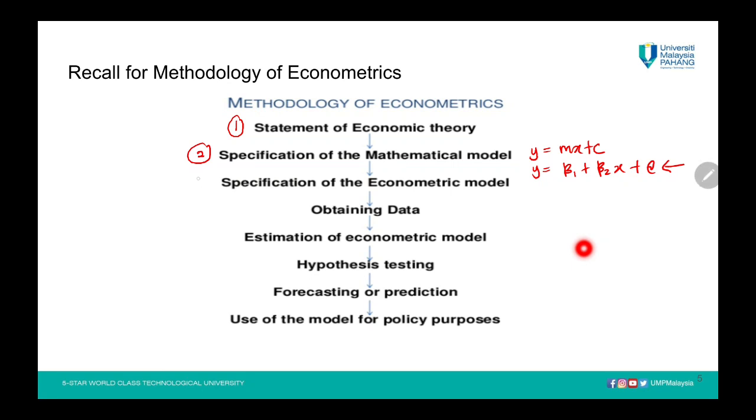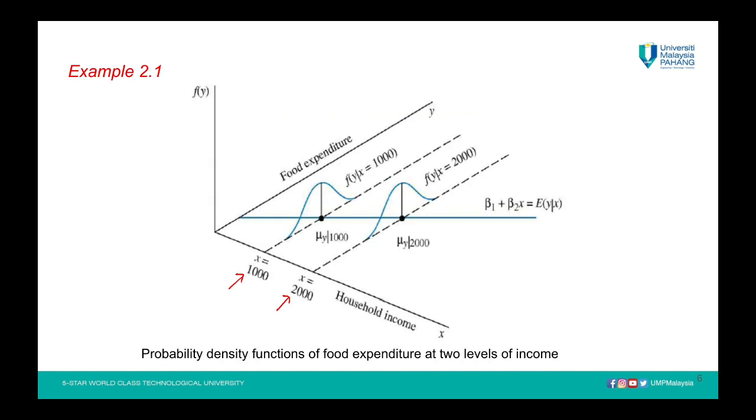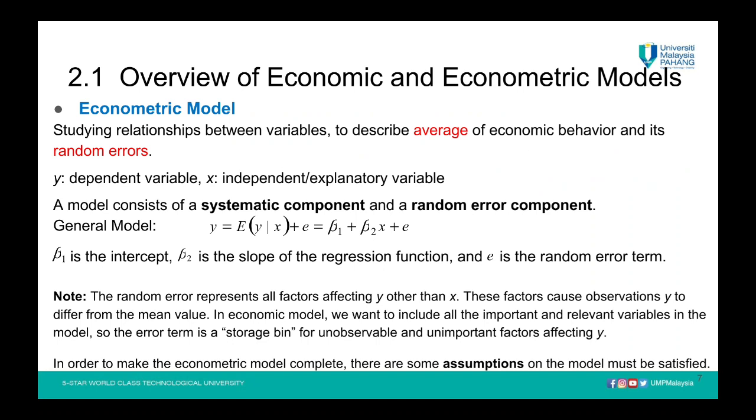Then the next step in the methodology of econometrics is to specify the econometric model. In the econometric model, the relationship between variables describes the average of economic behavior and its random error, as shown by this model.